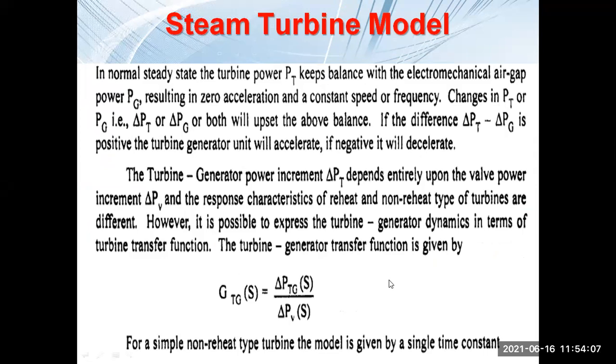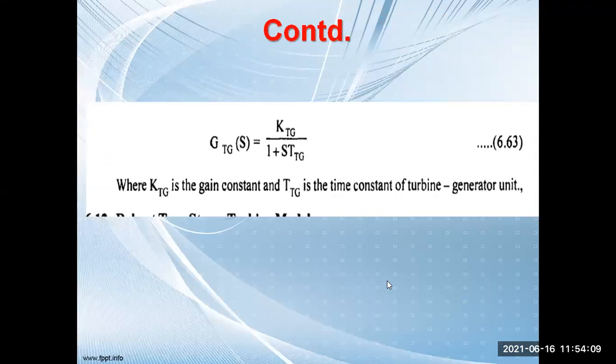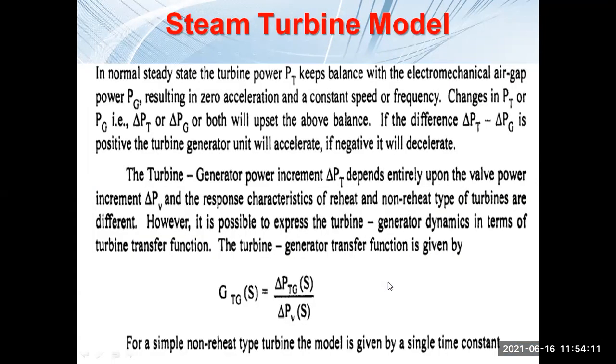In the turbine model, the input will be the governor input. First there will be the steam governor, that is the speed governor system, and after that there will be the turbine, and thereafter we have the generator load model. The output of the speed governor will be the input to the turbine.